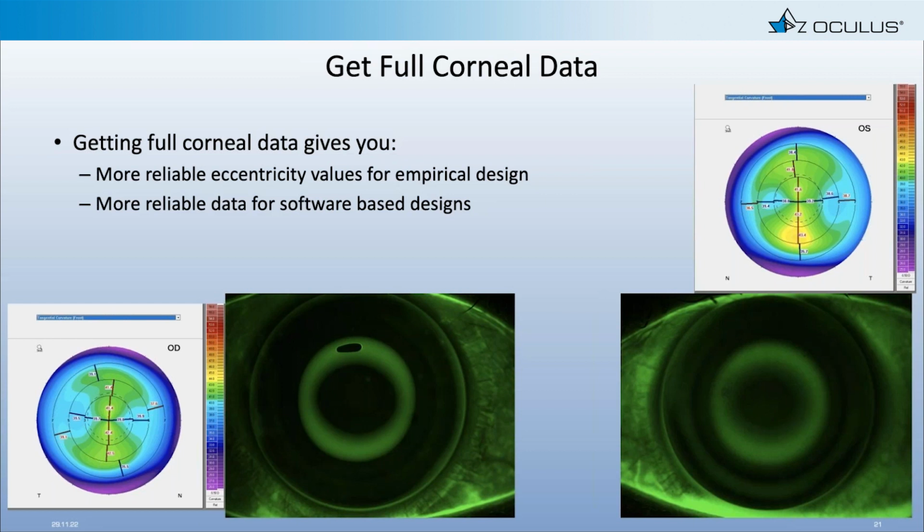But if I'm fitting a 10.5 or 11 millimeter lens and I'm only getting 8, 9, 10 millimeters of data, that means that I've got to guess a little bit, and my instrument's going to create manufactured data for that last millimeter or two of the cornea. It's just going to mean that my fit in that part of the eye is going to be a little less apt to be ideal.